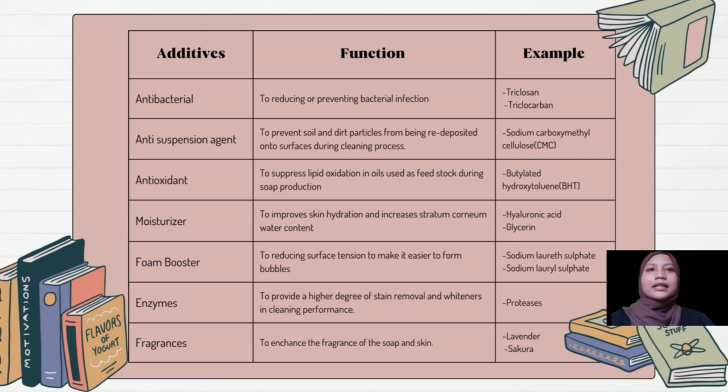The example is CMC. Now, antioxidant is to suppress lipid oxidation in oil used as feedstock during soap production. The example is butylated hydroxytoluene (BHT).